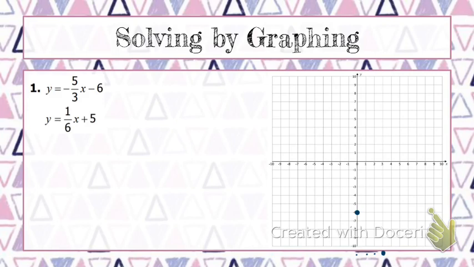Or we can go up 5, 1, 2, 3, 4, 5, and left 3, 1, 2, 3. Then up 5 again, and left 3. And that is all the lines that we can fit on our graph. So we're going to just go ahead and connect those.